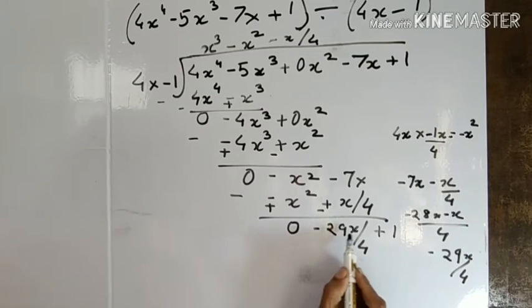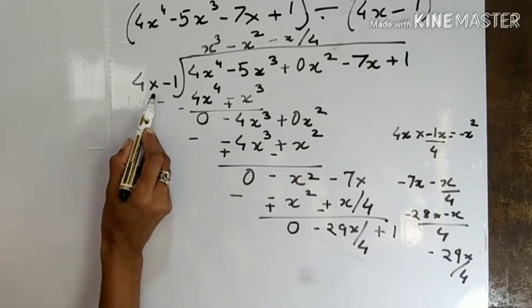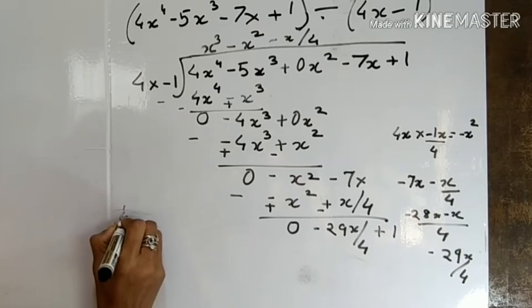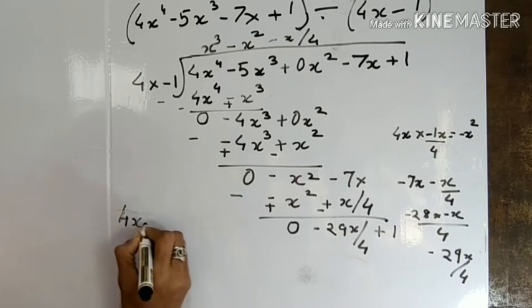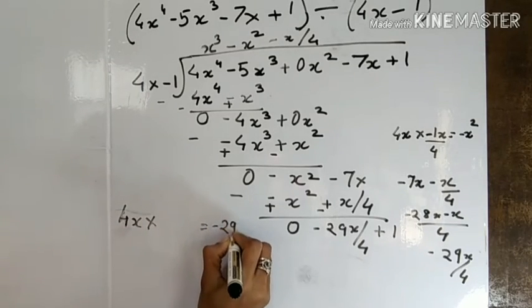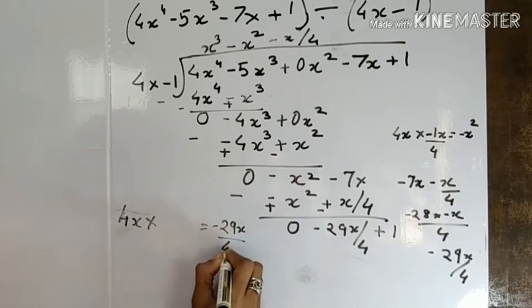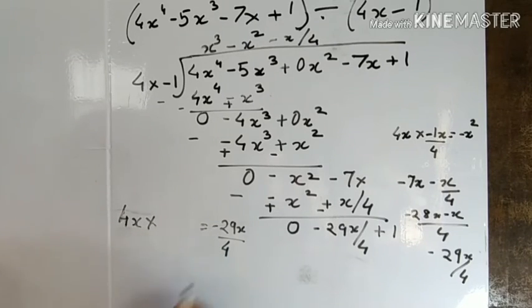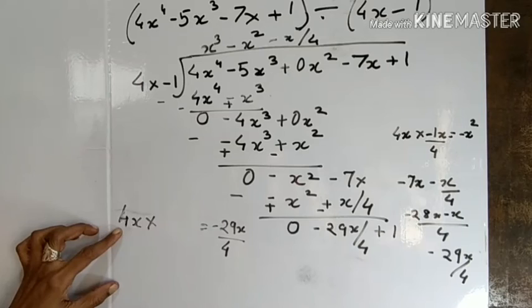Now I have minus 29x upon 4, whereas I have here 4x. So from 4, so I have 4x. With what should I multiply so that I get minus 29x upon 4? I need a 4 in my denominator, whereas I have a 4 in my numerator.